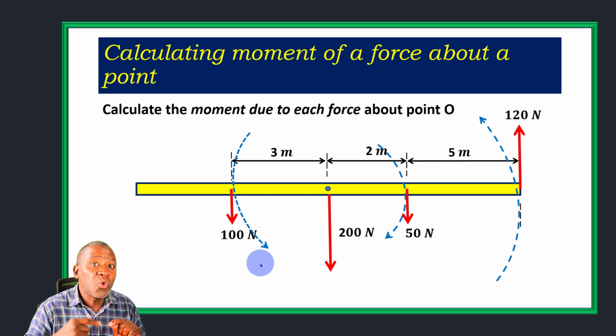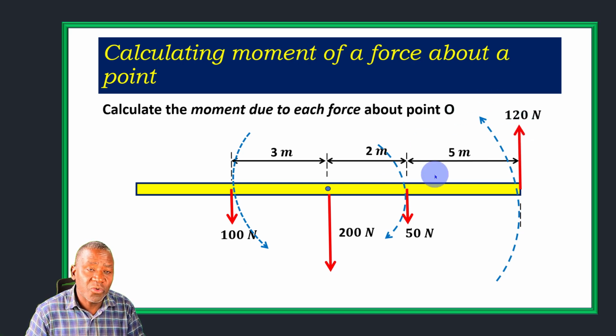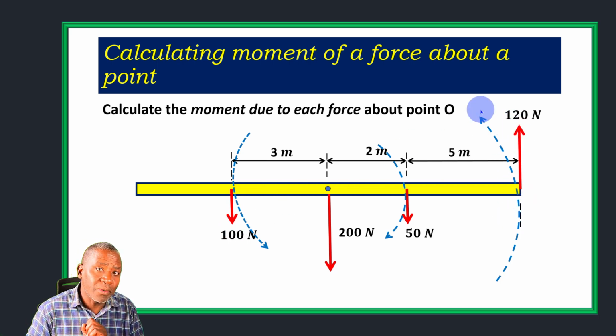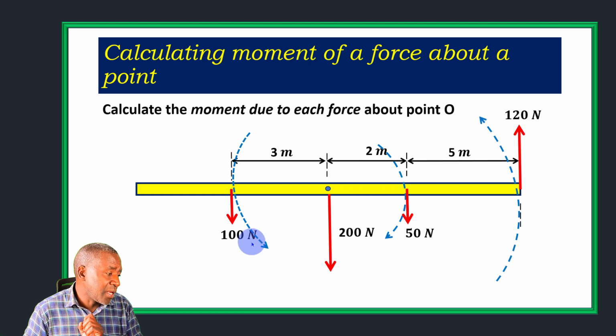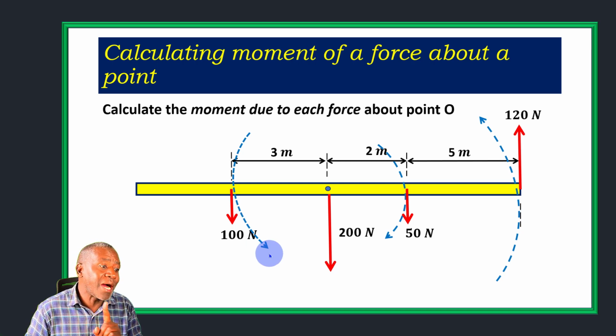That is not always the case, because let's look at the moment due to the 120 Newton force about point O and the moment due to the 100 Newton force about the same point. You find that the 120 Newton force turns it anti-clockwise, while that of the 100 Newton force also turns it anti-clockwise, although they are on opposite sides of the turning point.